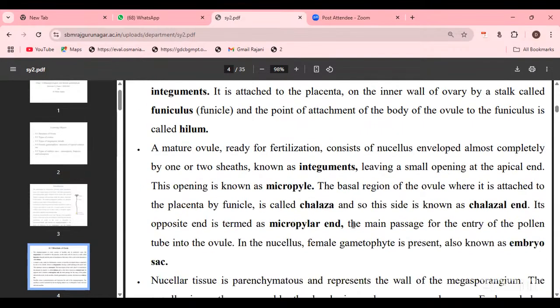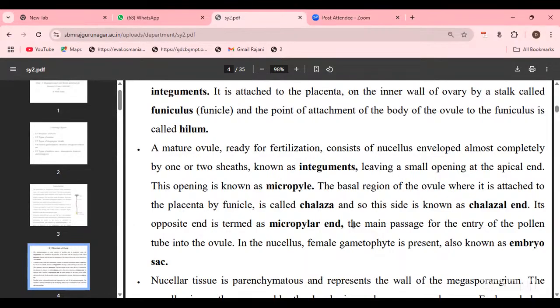A mature ovule ready for fertilization consists of the nucellus, enveloped almost completely by one or two sheaths.